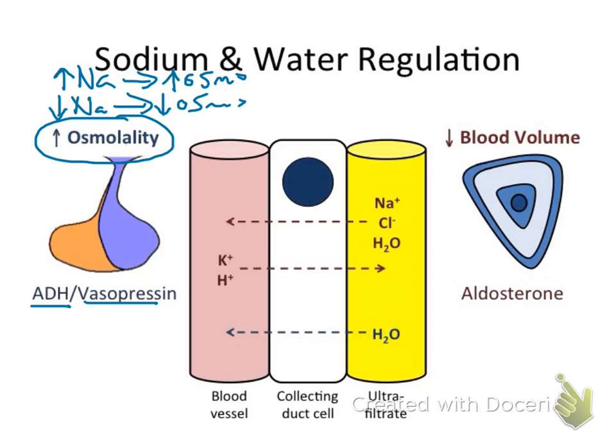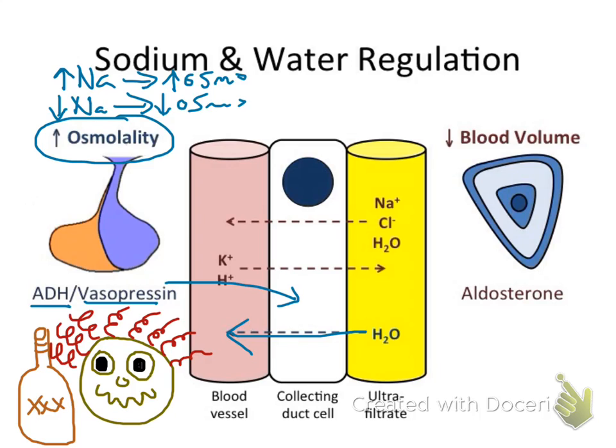ADH then travels to the kidney, and it acts on the epithelial cells of the collecting duct to increase pure water resorption. This is the hormone that is inhibited by alcohol, and alcohol's inhibition of ADH is why restrooms and alleyways see a lot of action on Friday nights.